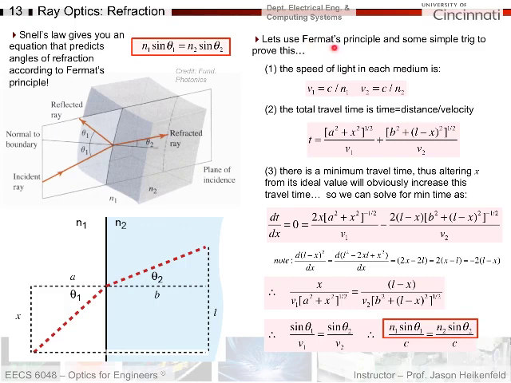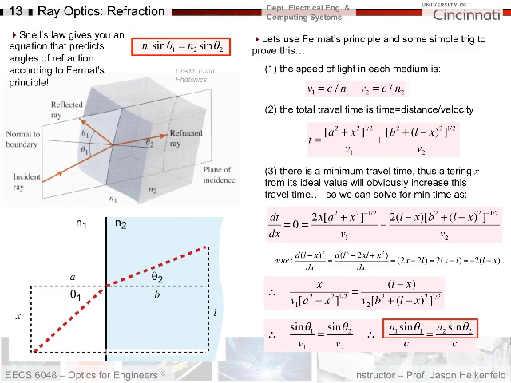But let's use Fermat's principle and some simple trig to actually prove and derive this. It's really simple. So remember, the speed of light in each medium, let's say here and here, is basically the speed of light in a vacuum divided by refractive index. So the speed of light out here, V1, is the speed of light in vacuum divided by N1. We already know that.